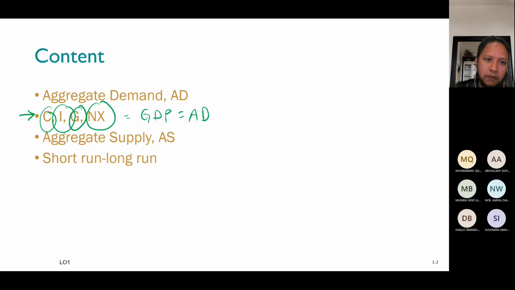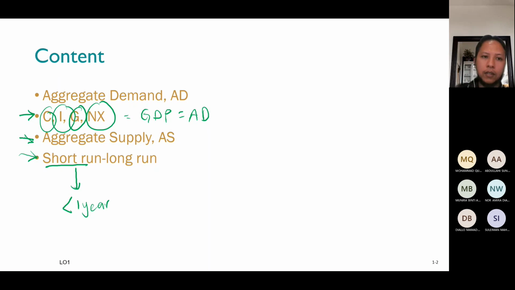And then after we look at the factors of aggregate demand and GDP, we will then cover the aggregate supply. And the shape of the aggregate supply will usually depend on the time period. So that is where the short run or long run comes. Okay, and in economics, usually when we talk about the short run, it is usually referring to less than 1 year.